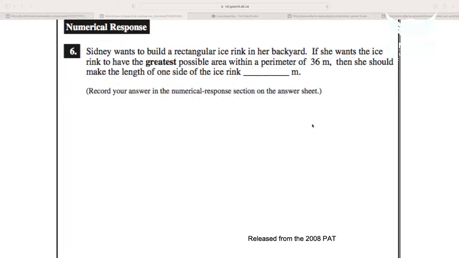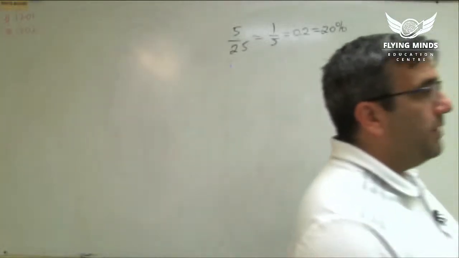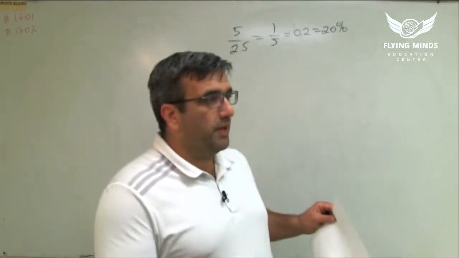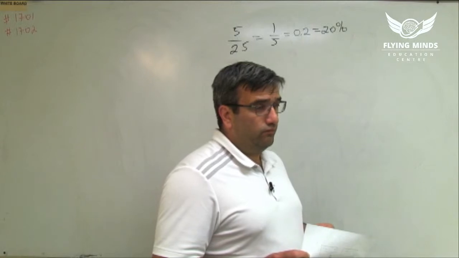Sydney wants to build a rectangular ice rink in her backyard. If she wants the ice rink to have the greatest possible area, then she should make the length of one side of the ice rink what?